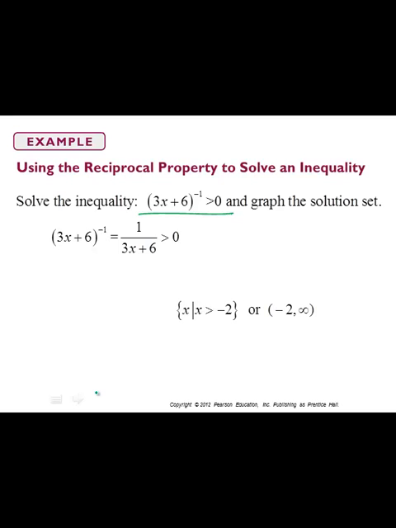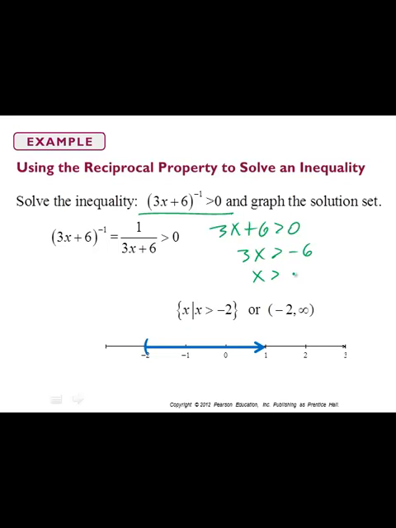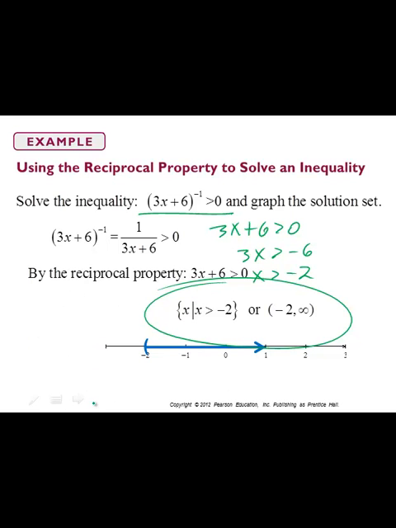Now, using the reciprocal property, that means the same thing as saying that 3x plus 6 is greater than 0, which we know how to solve, because 3x plus 6 is greater than 0 means that you subtract 6 from both sides and then divide both sides by 3, and you've got your solution. Okay? So we already walked through there.